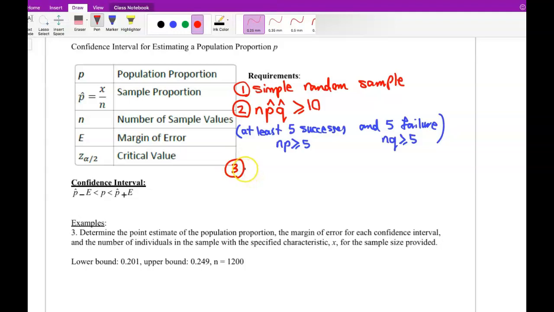Then number 3 should have independent trials. Remember, we had this one also when using binomial. So for binomial, again, we should have independent trials.